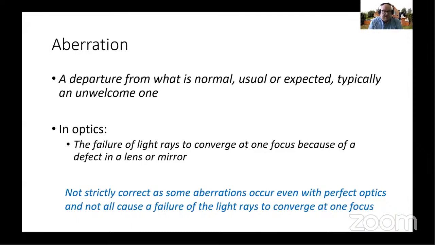Now, for us tonight, that definition isn't strictly correct, as some of these aberrations occur even with perfect optics, so there's no defect, and some of them occur even when the light rays are focusing correctly or converging.